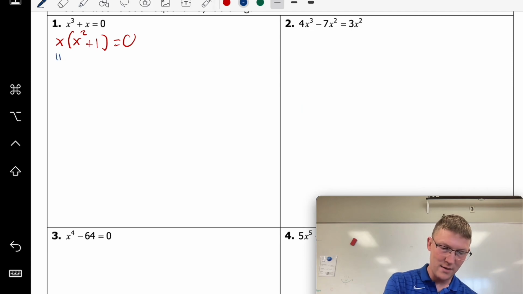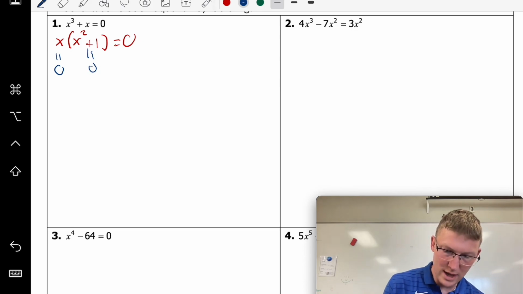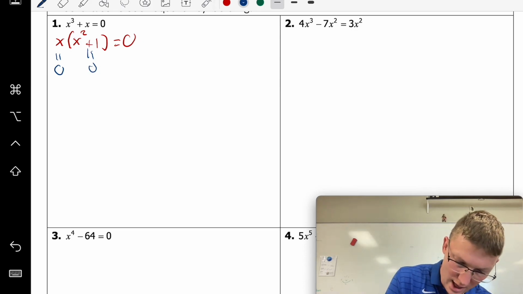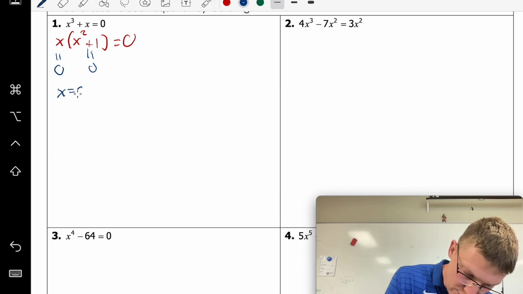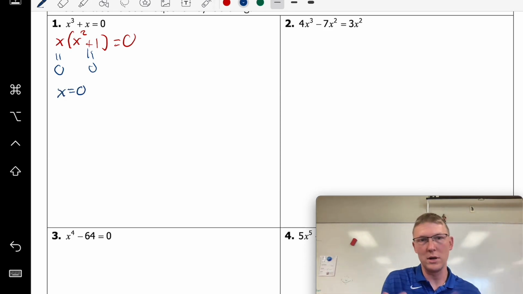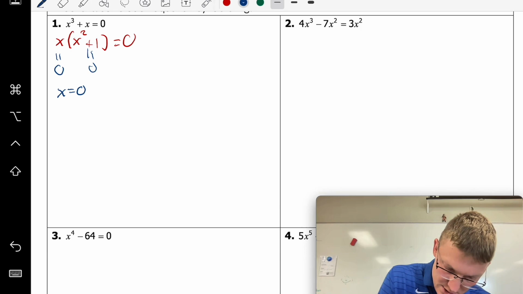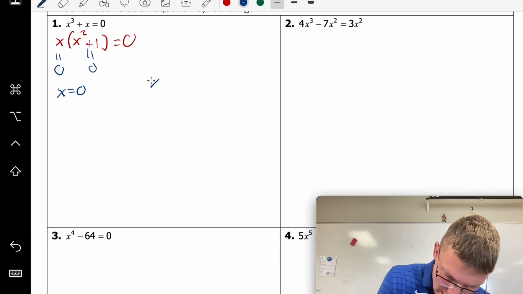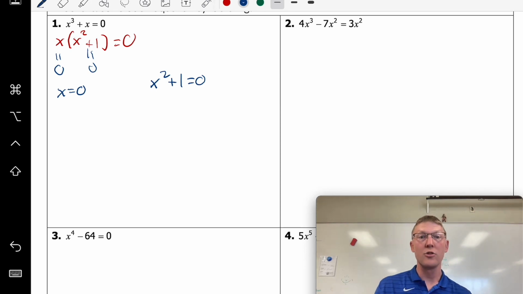We can set this term equal to 0 and then this term equal to 0. And so what that's going to look like is we're going to have x equals 0. Okay, well, that's already done. Got it. So now we're also going to have x squared plus 1 equals 0. So we now have the mechanics to solve this.